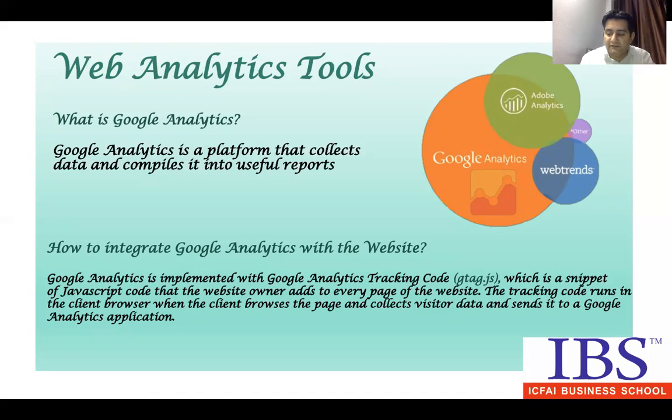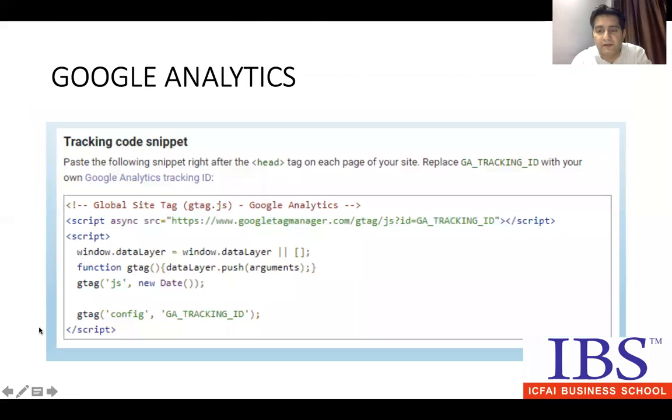There is a process in which the website developer of our website can easily do that, or all of you can also learn the basic development tools of websites. You can see in the picture, the tracking code will be infused. You will get a specific Google Analytics tracking ID, and you need to replace the term where it is written GA_TRACKING_ID with your actual tracking ID.